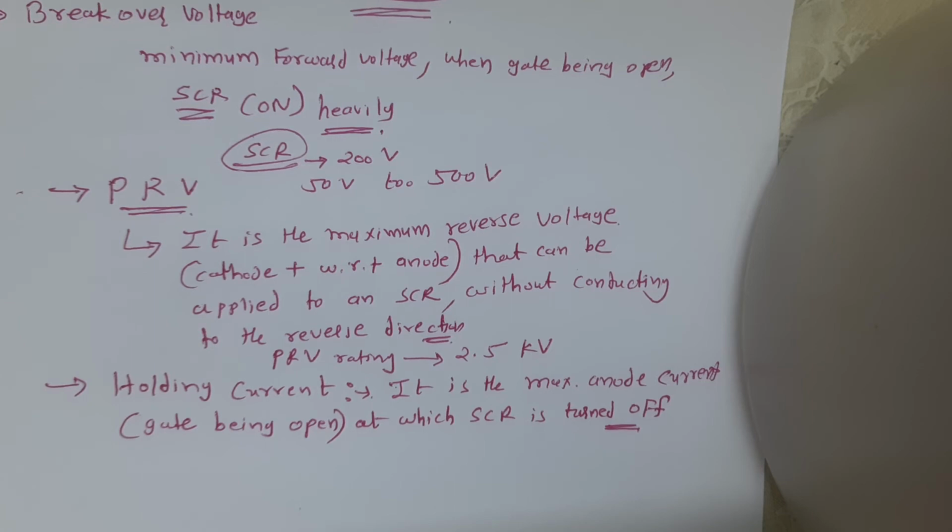The anode current under this condition is very small and it is known as the holding current. Hence, if an SCR has a holding current of 5 milliampere, it means that if anode current is made less than 5 milliampere, then SCR will be turned off.